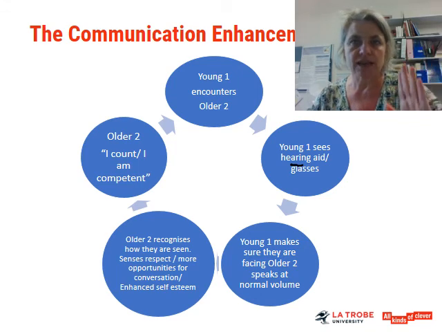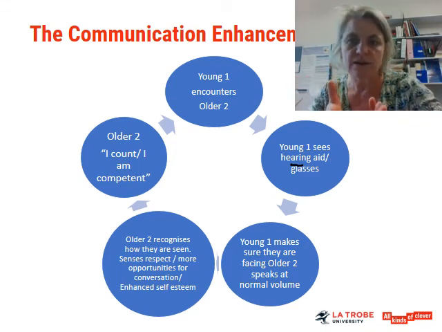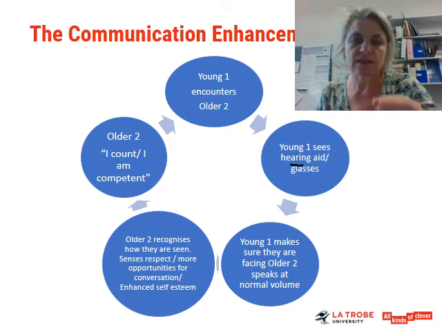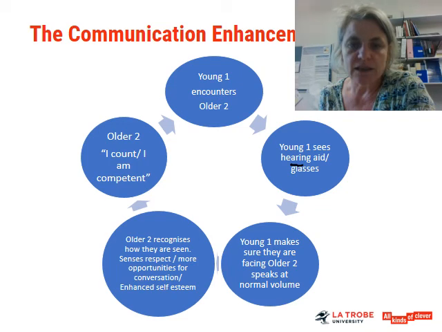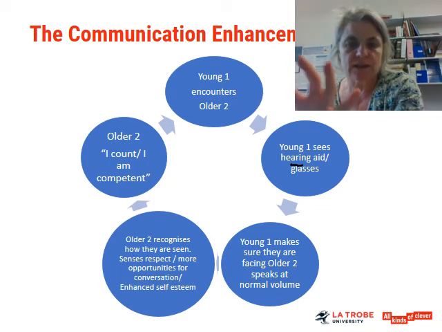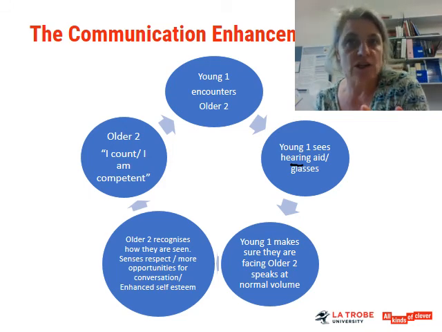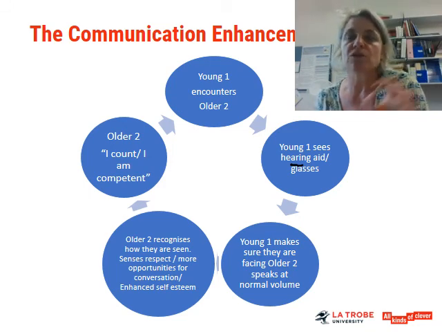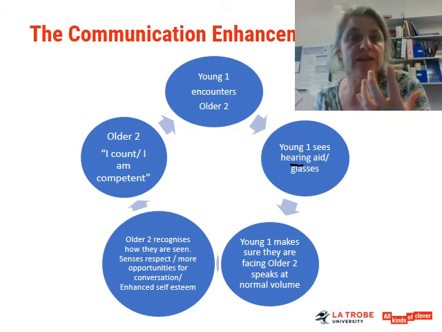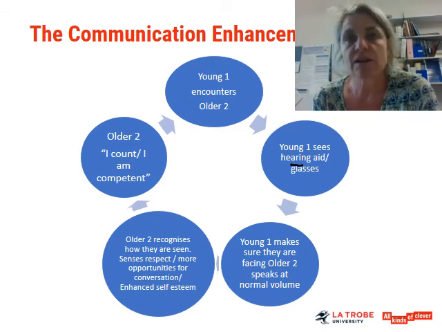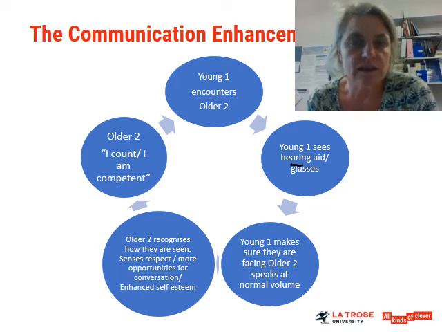They just tailor their communication to the one thing or the two things that the person needs support with. So if the young one sees that the older person is wearing hearing aids, they might make sure that they face the older person. They might make sure that the light's good so that the older person can see their face. And that would be all that would be needed. They wouldn't change their tone of voice, they wouldn't change the topics of conversation, they wouldn't use condescending language.